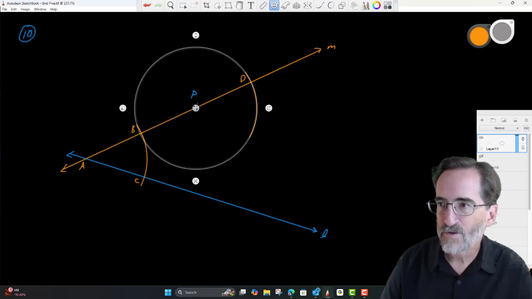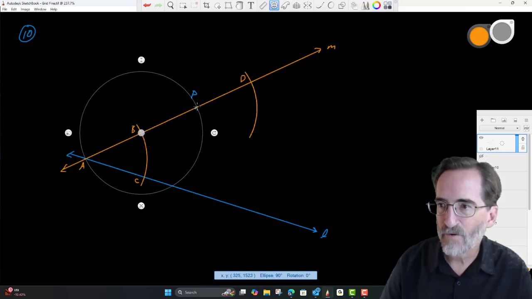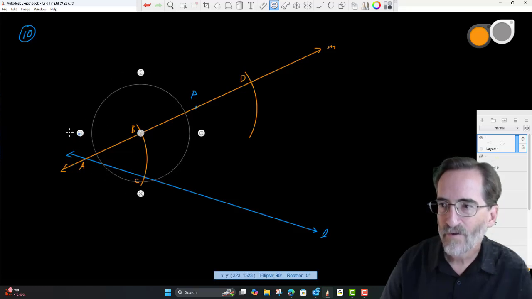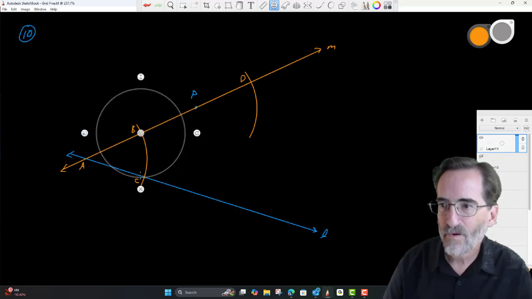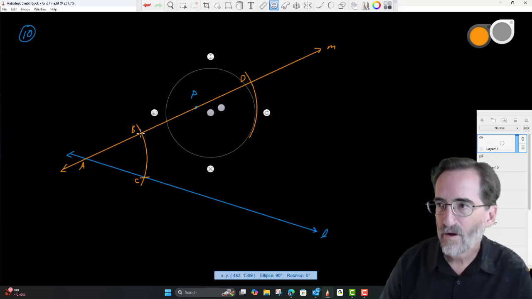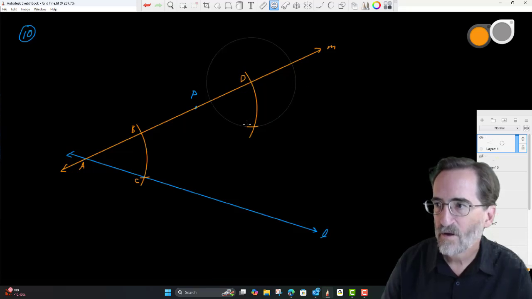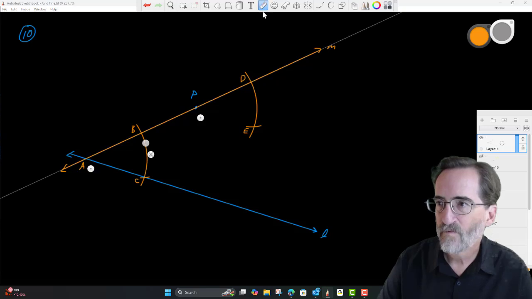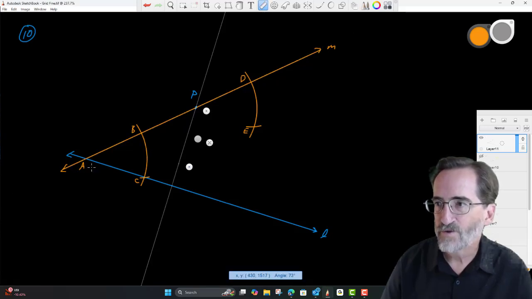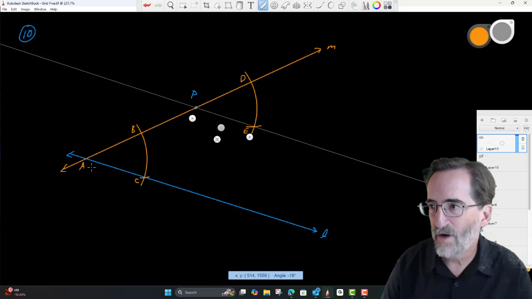Then I'm going to measure the gap BC by putting my compass point on B and my pencil on C. And putting my compass point on D, it creates the point E. And then finally I draw a line through P and E. And what have I produced?